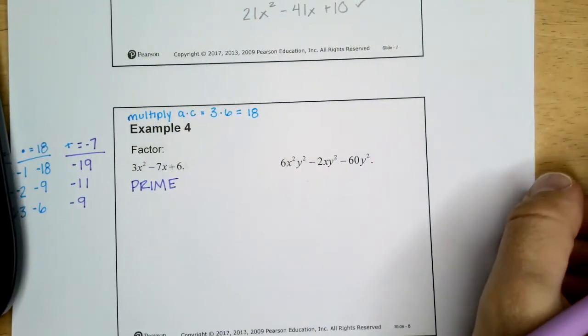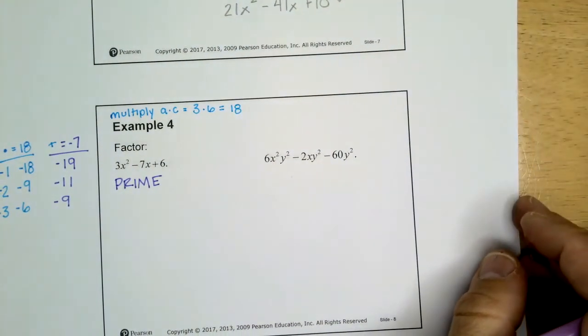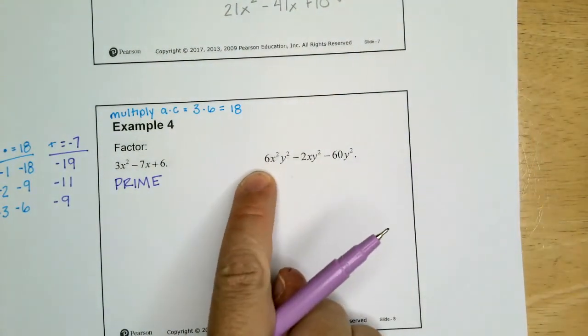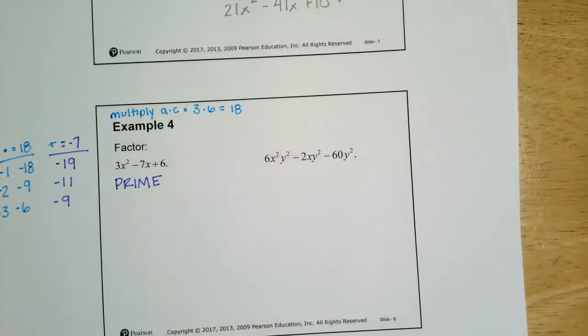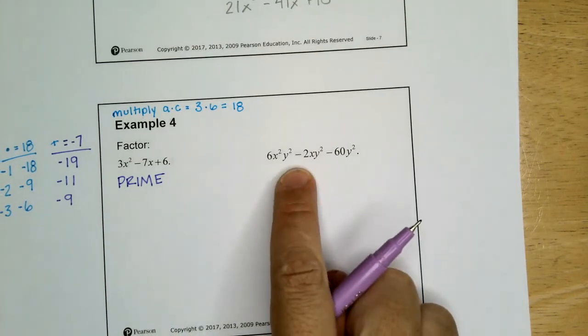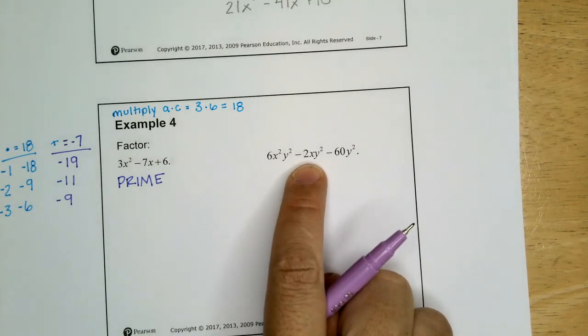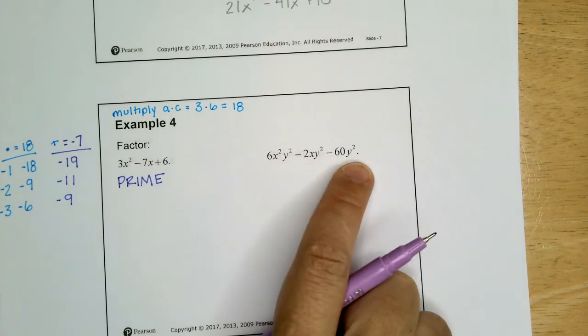All right, this one. We start with factoring out the greatest common factor. 6, -2, and 60. What could the greatest common factor of 6, -2, and 60 be? Well, the greatest common factor is 2, right? Can I put 2 into 6? Yes. Can I put 2 into 60?